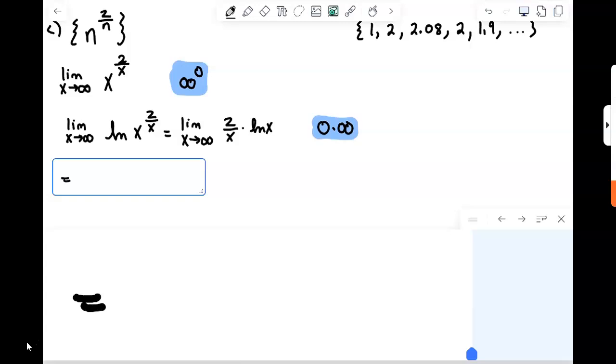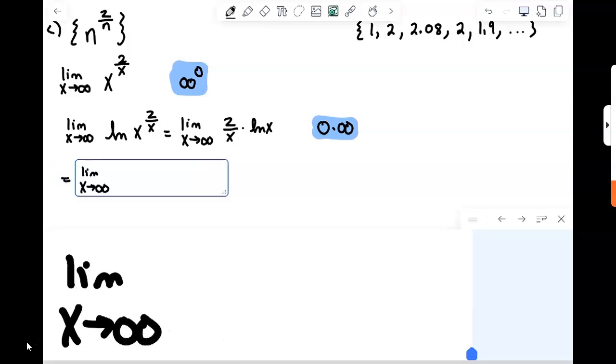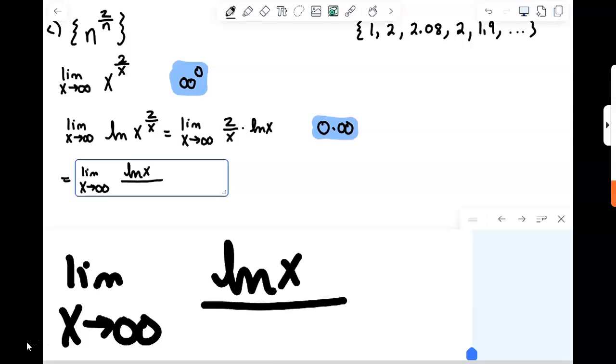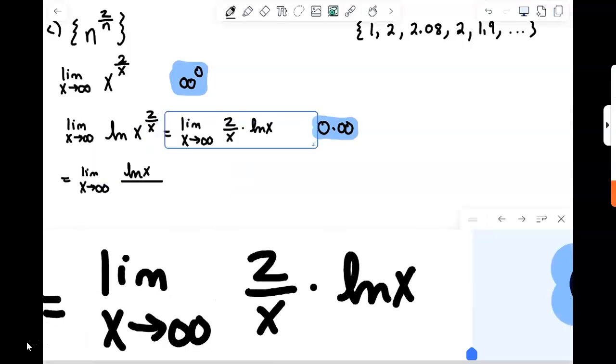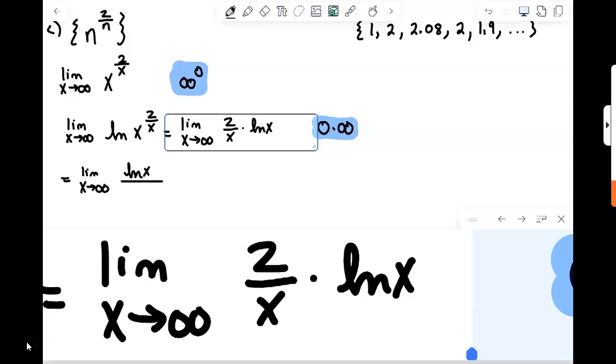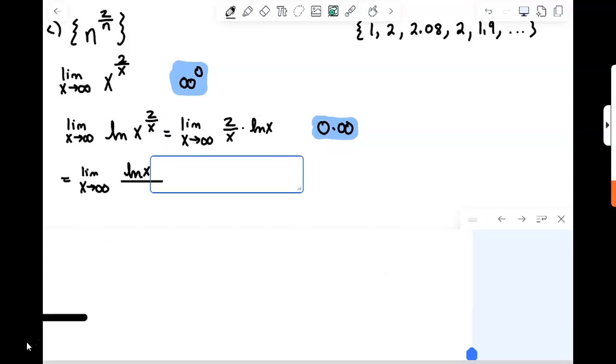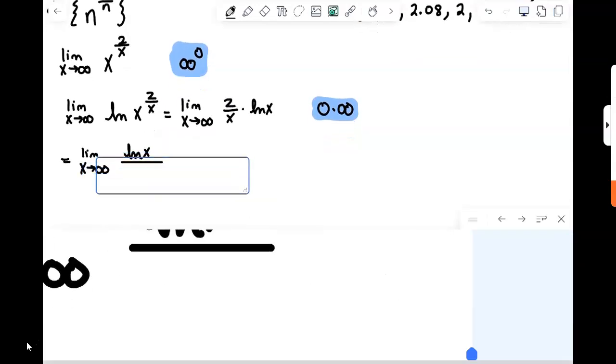Here it's much easier if we put the logarithm on the top over the reciprocal of 2 over x, which would be x over 2.